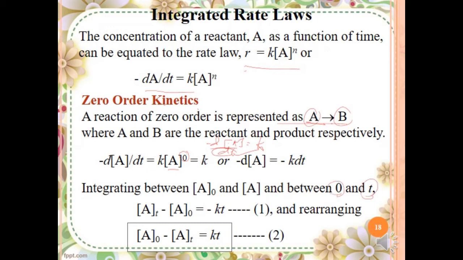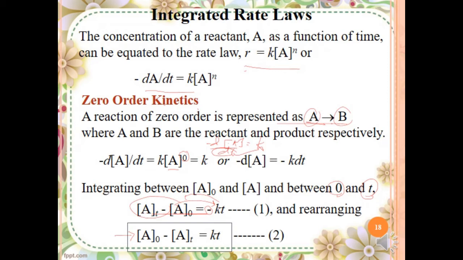When we integrate, we get [A]t minus [A]0 equals negative kt. Then we rearrange this so that we get a positive value: we exchange, so we have [A]0 minus [A]t equals kt. So this is the integrated rate law for zero order.